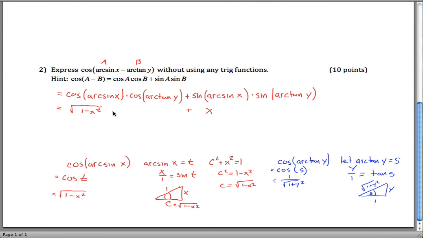Cosine of arctangent of Y is 1 divided by the square root of 1 plus Y squared. And I can figure out this last piece, the sine of arctangent of Y. I know that arctangent of Y is just S, so all I have to figure out is the sine of S. Sine is opposite over hypotenuse, so it's going to be Y divided by the square root of 1 plus Y squared.